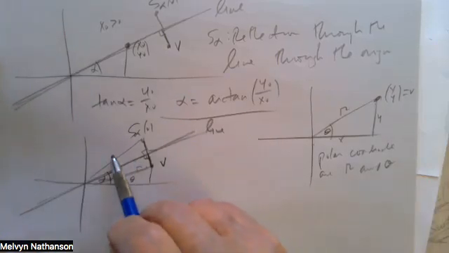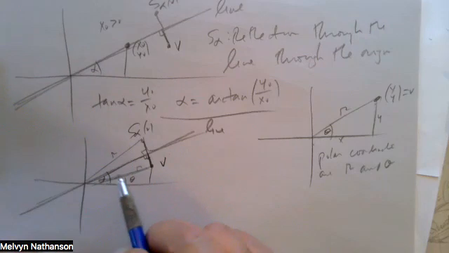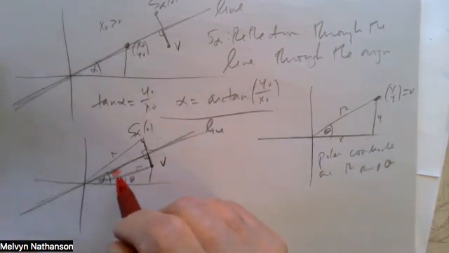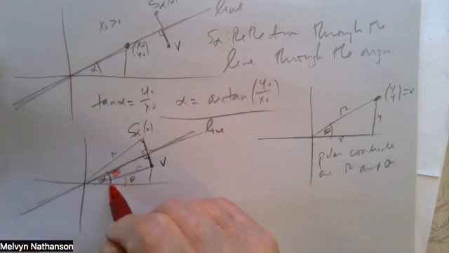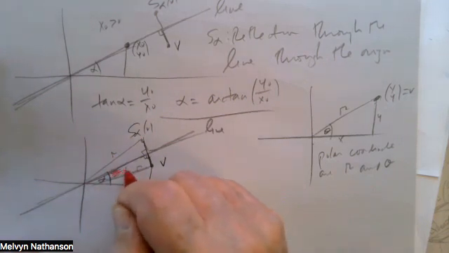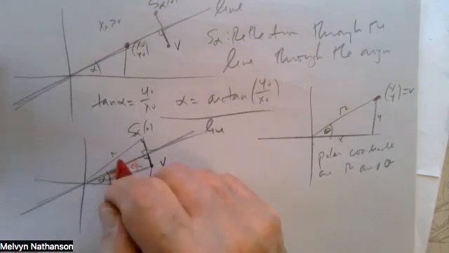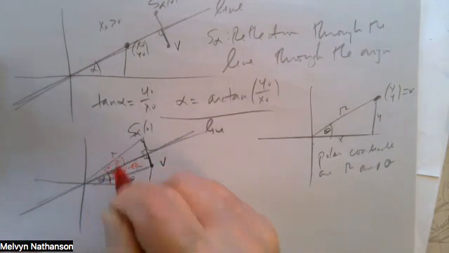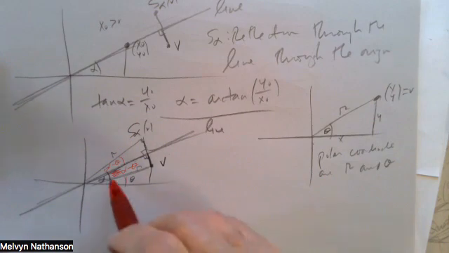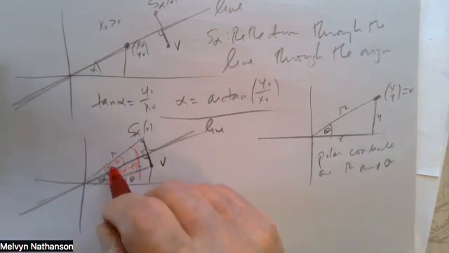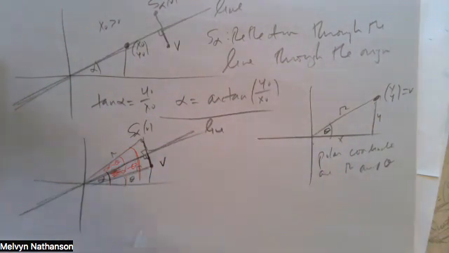So this is r, and this is r. What is the angle in here? This is alpha, this is theta, so this angle here is alpha minus theta. So the angle that this makes with the x-axis is alpha plus alpha minus theta.